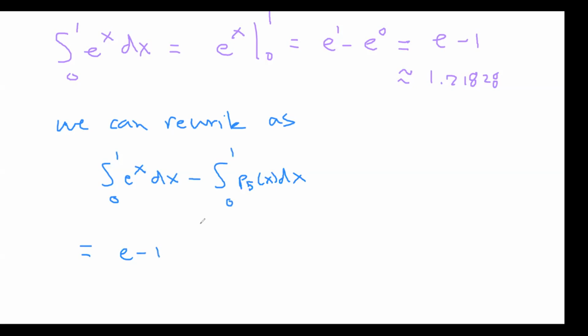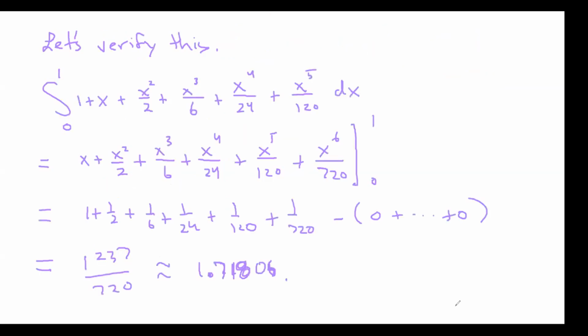And then what is this? Well, if we go to the previous page, it was 1237 over 720.